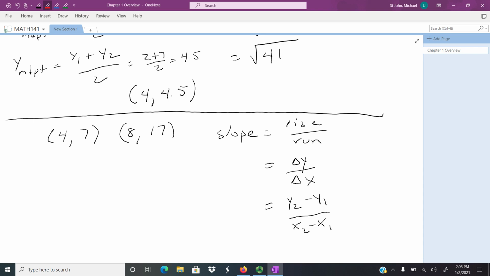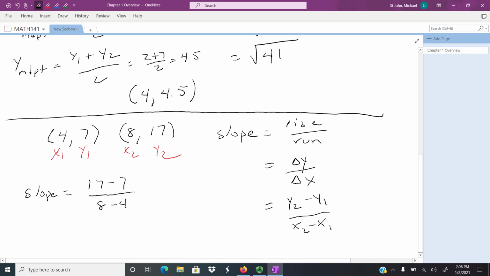So if I call this x1, y1, and we'll call this x2, y2, we can calculate our slope. And so the slope is going to be 17 minus 7 over 8 minus 4. So this is going to be 10 over 4, which will be 5 over 2.